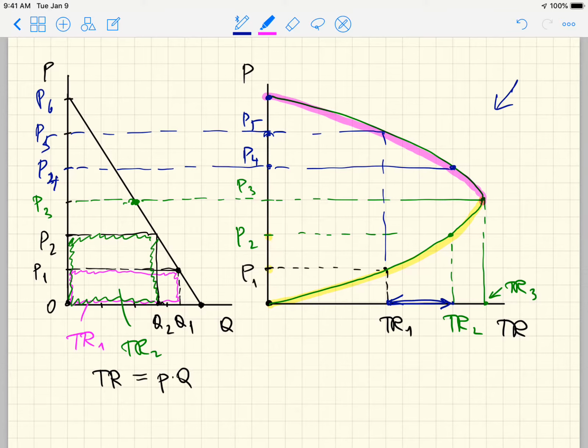And finally, we can notice that this upper half of the demand curve, which matches the upper half of the total revenue curve, is where demand is elastic. So elasticity is larger than 1 here.